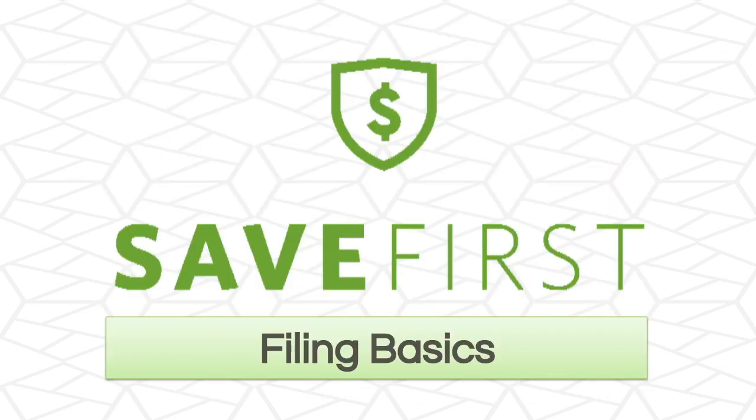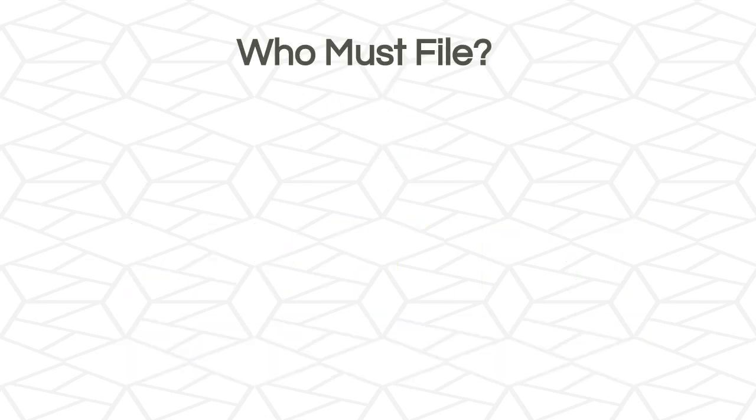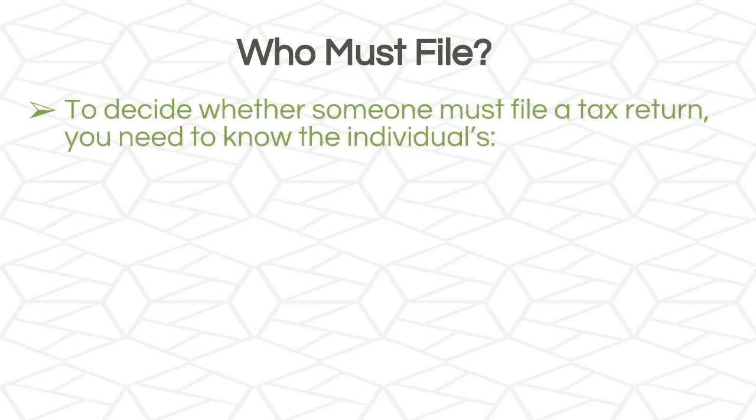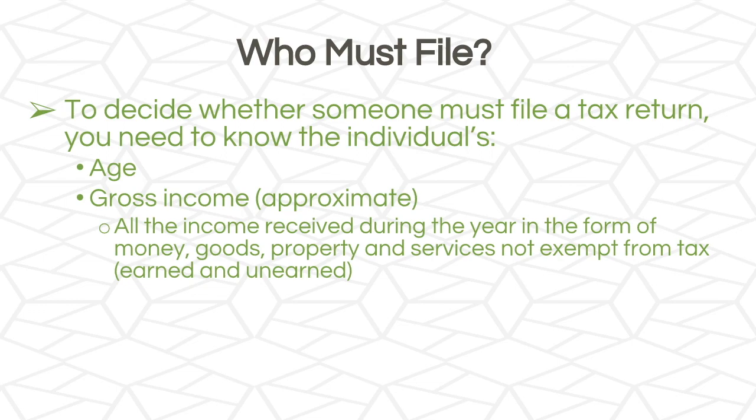All right, now let's talk about filing basics. In particular, who must file. So we're going to decide whether someone must file a tax return. And to do that, we'll need to know the individual's age, their gross income, and that's going to be defined as all the income received during the year in the form of money, goods, property, and services not exempt from tax.